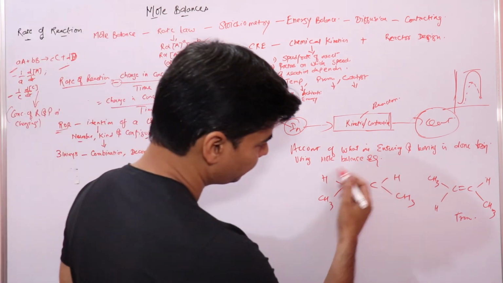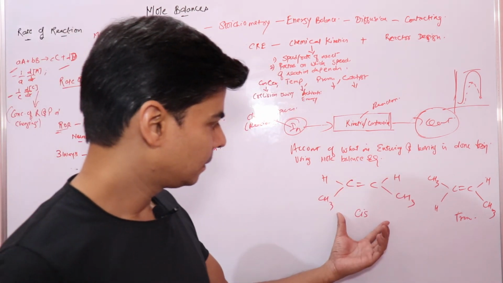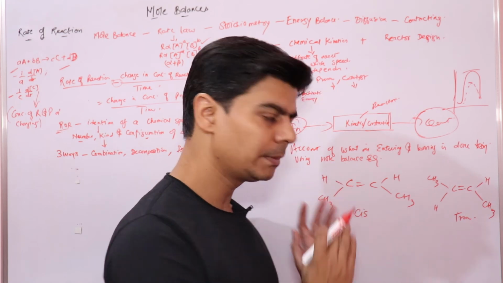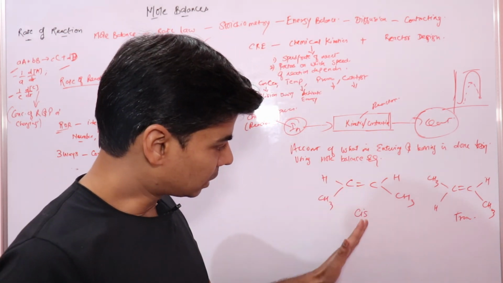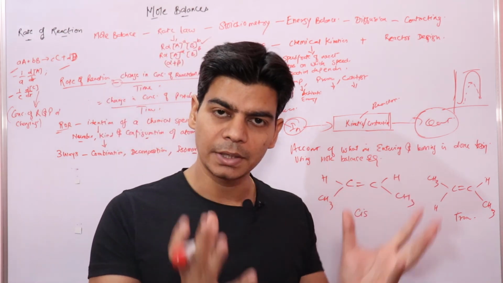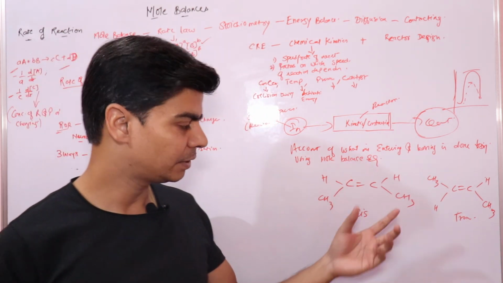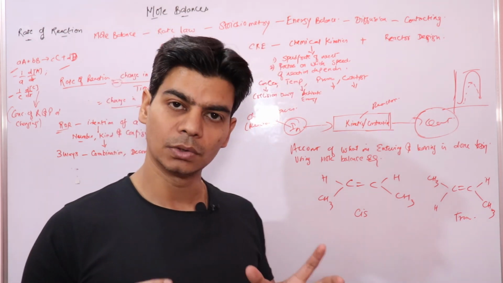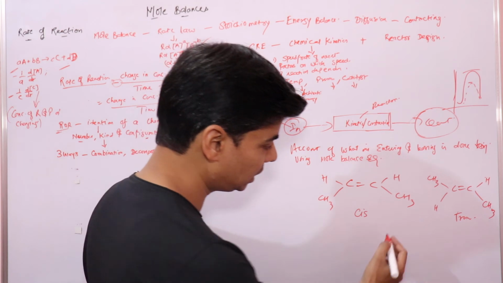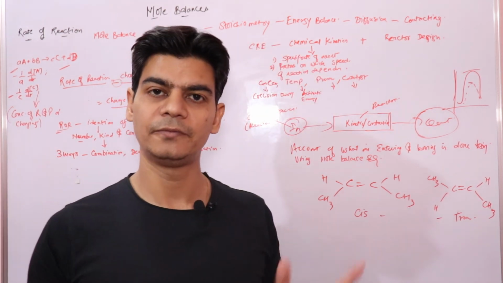Chemically, they have the same number of atoms, but the atoms are arranged in a different geometrical fashion, or what we say is the configuration of atoms in these two molecules is different.